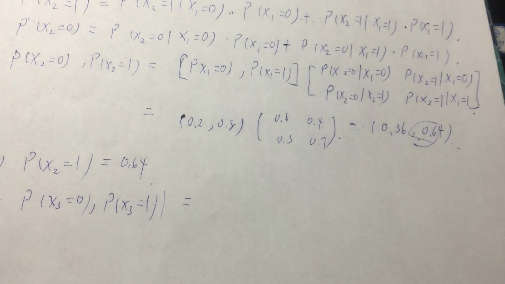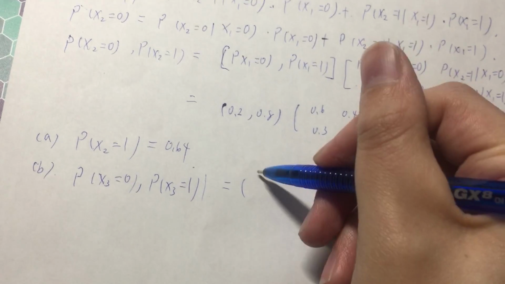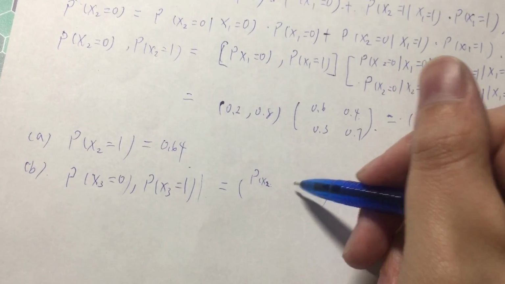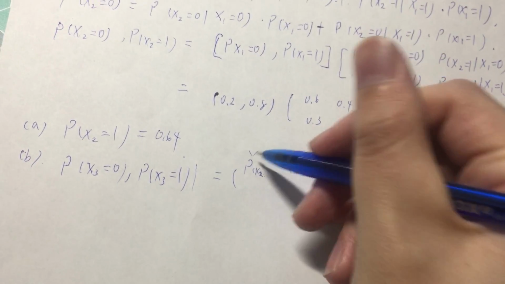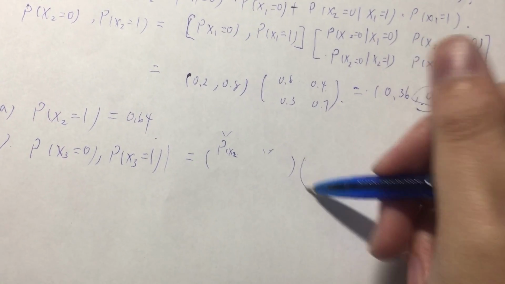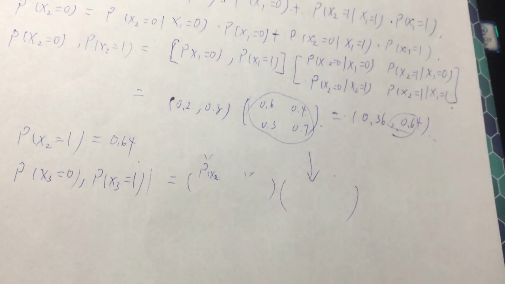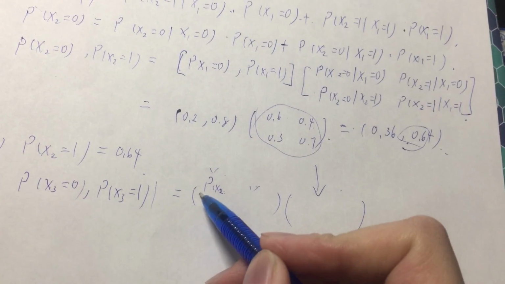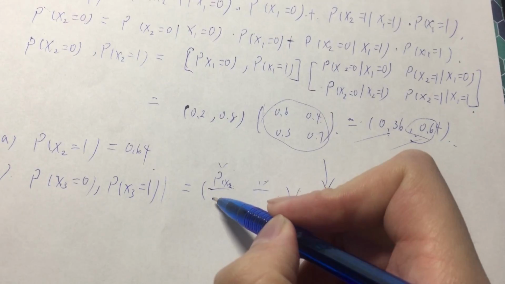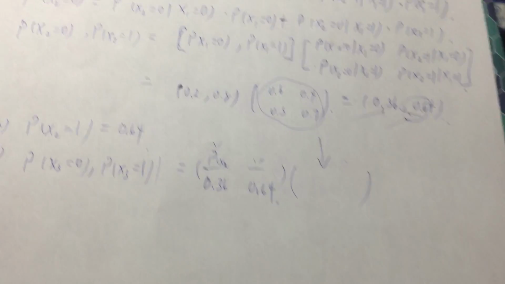This is a matrix as above, and the numbers for P(x2) are the same as that, 0.36 and 0.64.